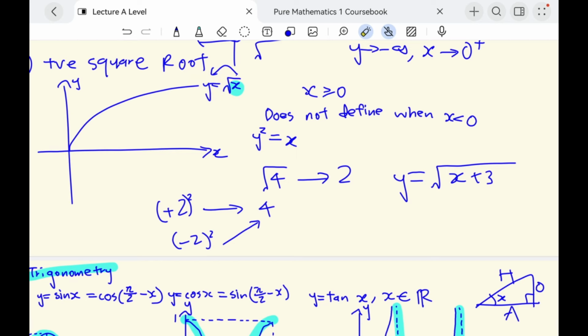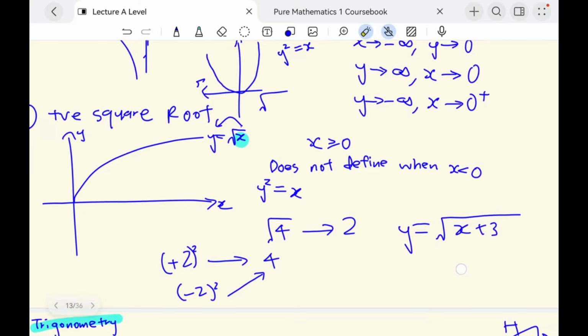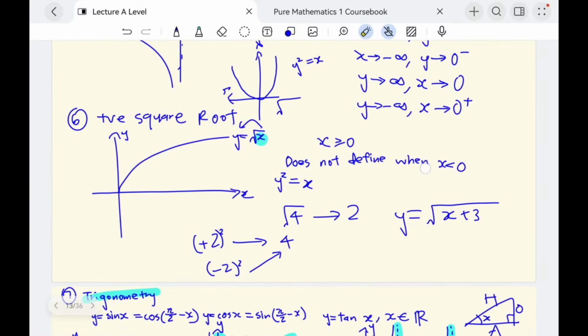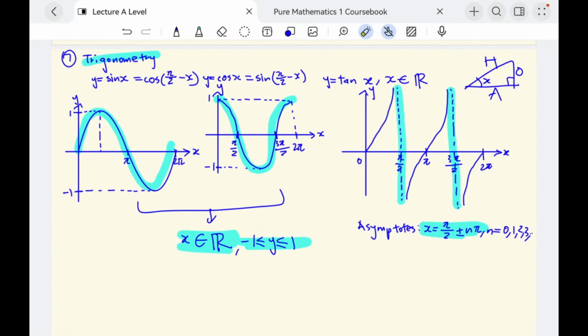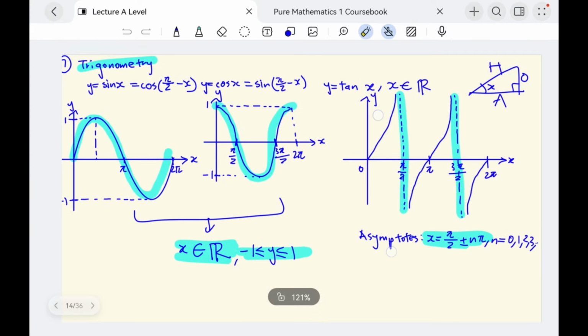That's the end of the discussion about the positive square root graph. So let's move on to the last functions, which is the trigonometry graphs. In your secondary school, you have already learned the trigonometric ratios, which are sine, cosine, and tangent.